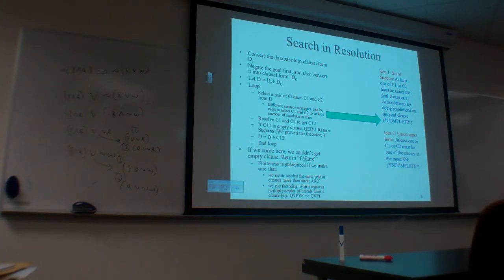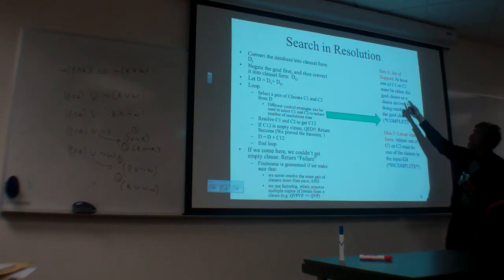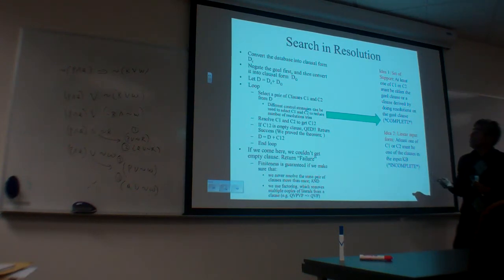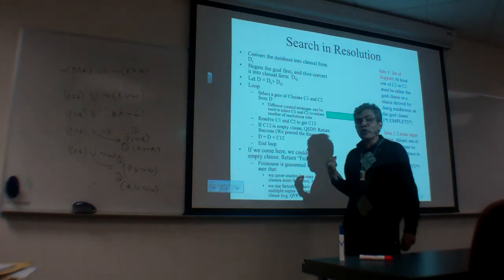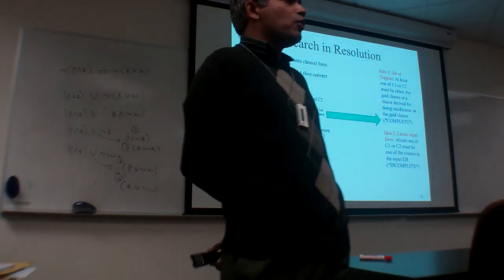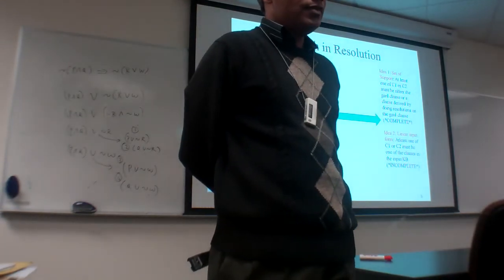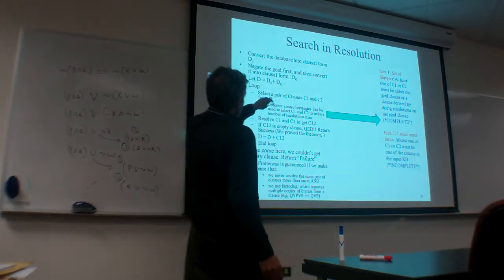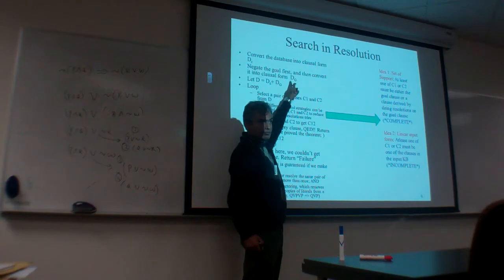Heuristic 1 basically says at least one of C1 or C2 must have support from the goal. And the support from the goal is defined recursively. Every clause in DG has support from goal. Okay?